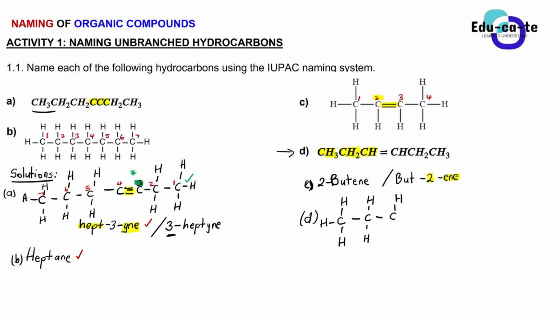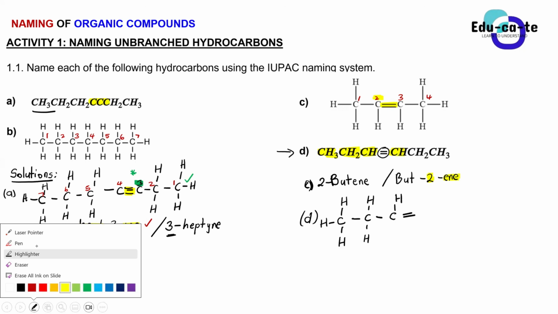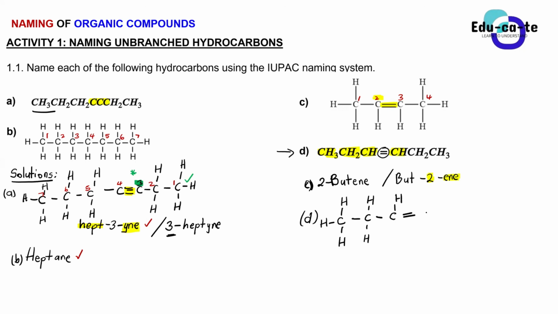Okay, and then we have a double bond here. In this case, they showed you the double bond, so you just need to put the double bond. And then after the double bond, you've got a CH again, so it's a carbon that is bonded to 1 hydrogen. So I will write carbon bonded to 1 hydrogen, and then after the CH, there's a CH2, so it means this is a carbon bonded to 2 hydrogens.